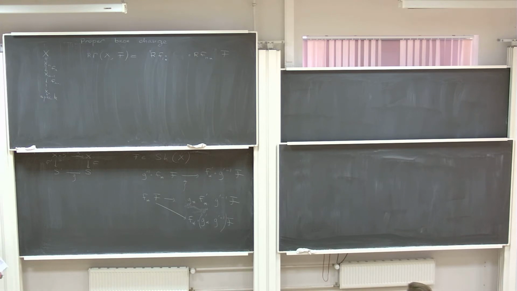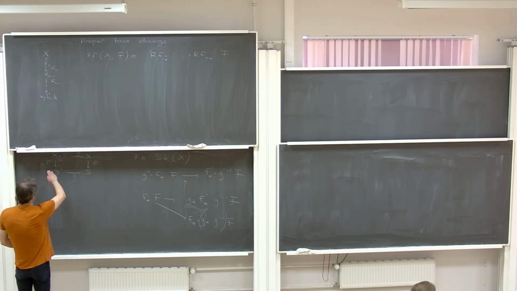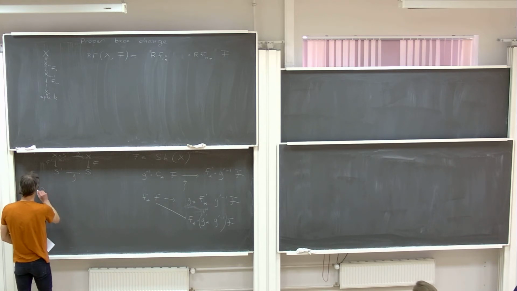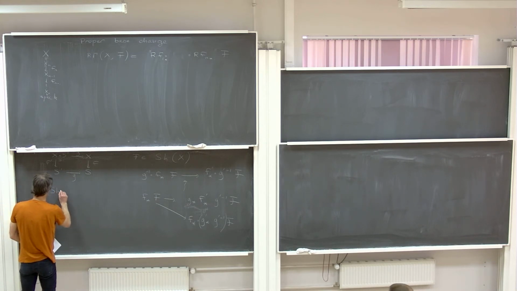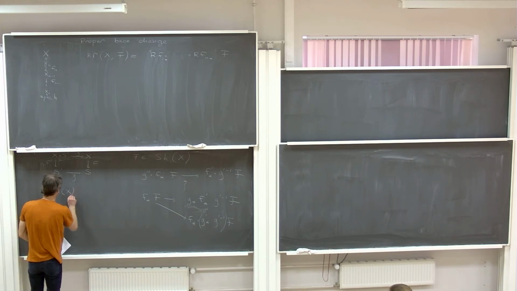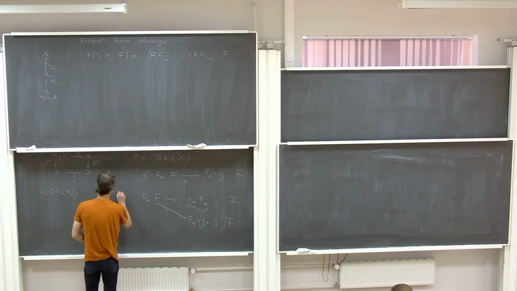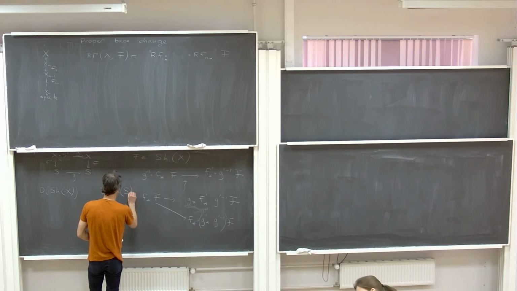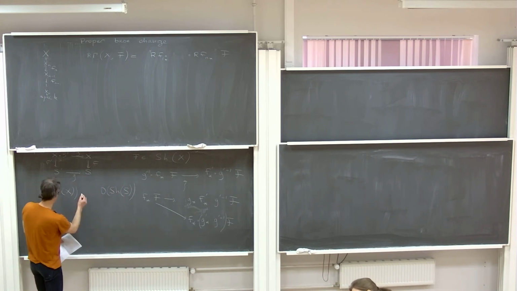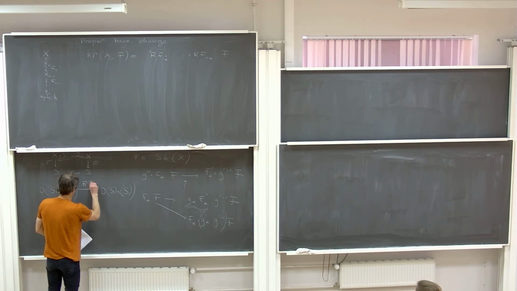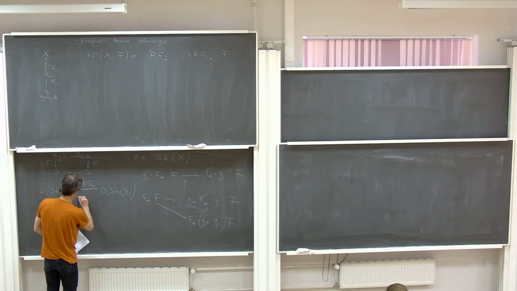So replacing these functors by derived functors, we have the derived category of sheaves on X, we have the derived category of sheaves on S, and we have here the derived direct image, and we also have the adjoint functor.